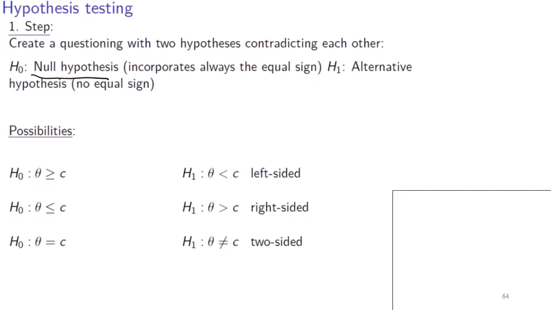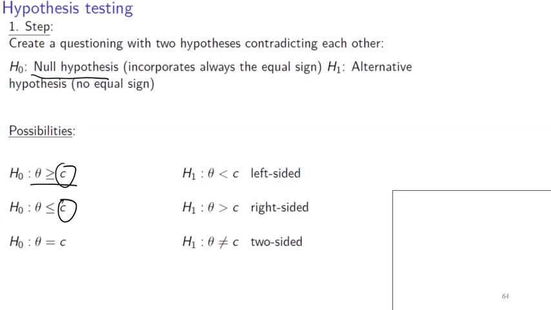What I stated in this example was that the awareness has increased, so then H0 would be that my estimator is larger than my starting point, some constant, in general C, or the other way around. I can also make the hypothesis that it has decreased, then it would be less than C.